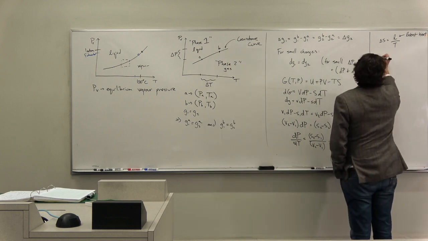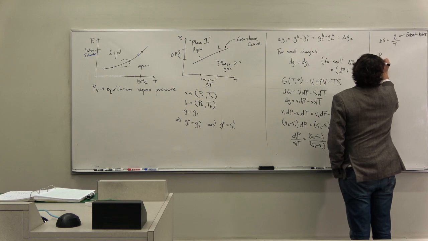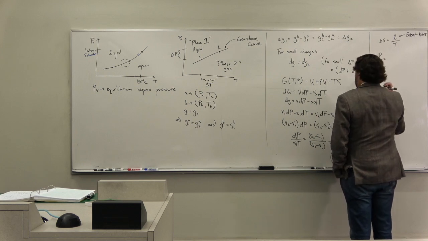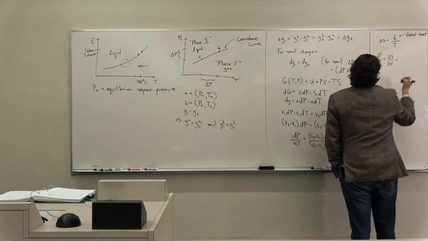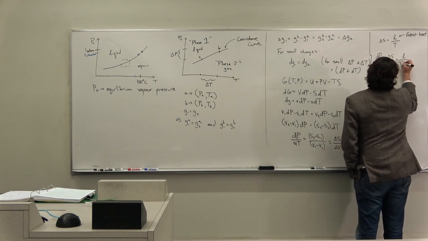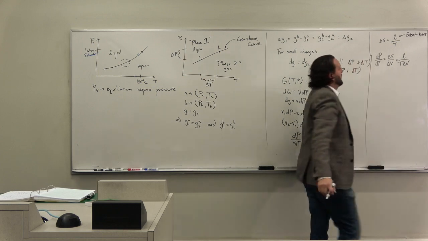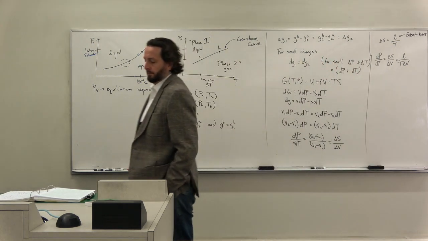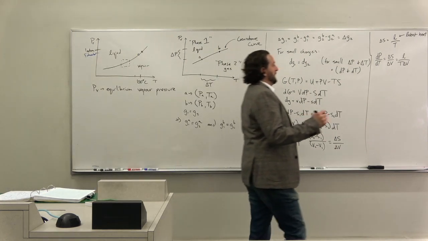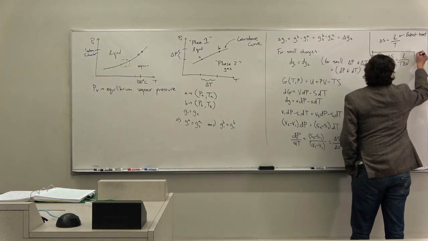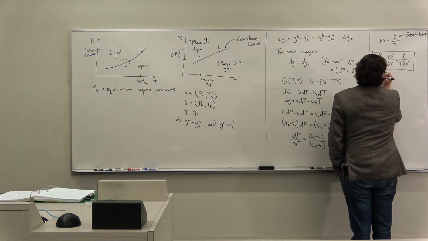And so we can finally write dP/dT is equal to delta S over delta V, or L over T delta V. And this is the Clausius-Clapeyron equation.